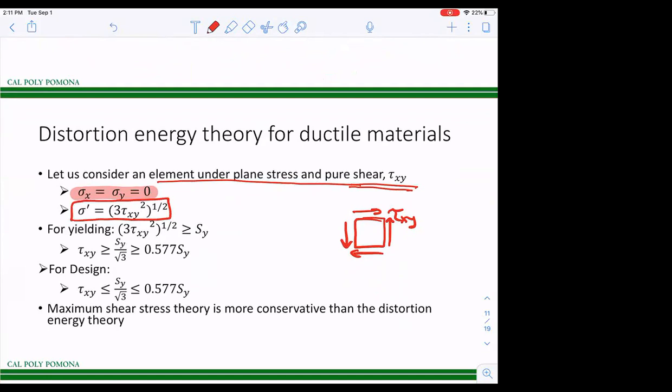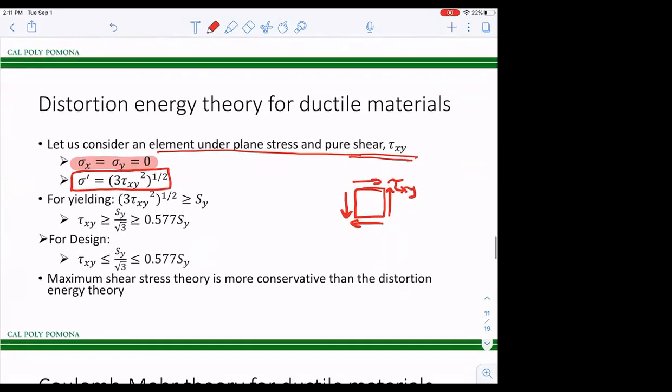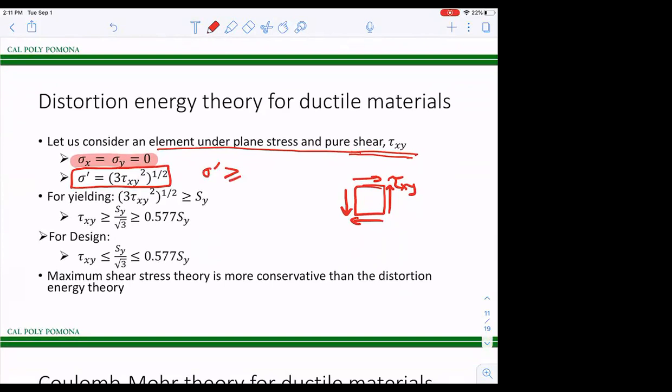Yielding happens based on distortion energy theory. Yielding happens when sigma prime is greater than or equal to the yield strength, right? So instead of sigma prime, for our case, I can write root 3 tau xy, which is the same as what I have here.